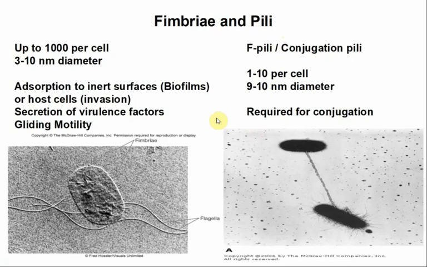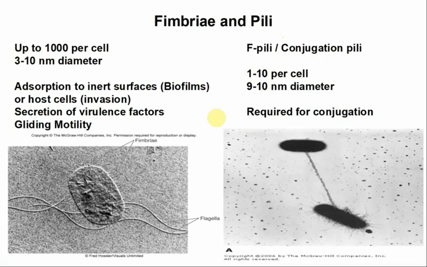During conjugation, one of these bacteria is going to throw out a conjugation pilus, which is going to attach onto the other one. Then it's going to reel it in, and they're going to get very, very close and then exchange DNA. So we have adhesion, secretion, gliding motility, and conjugation. We've got 4 different functions here.